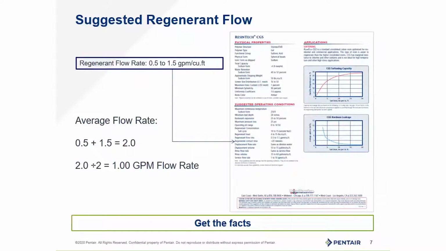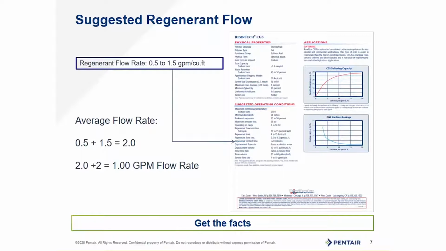And then another manufacturer's resin, and these are all sodium form cation exchange resins, so there isn't any great variation in product here. They recommend 0.5 to 1.5 GPM, and that gives us a 1 GPM flow rate for total regenerant flow through the resin bed.